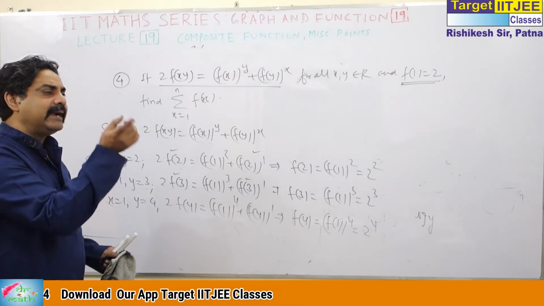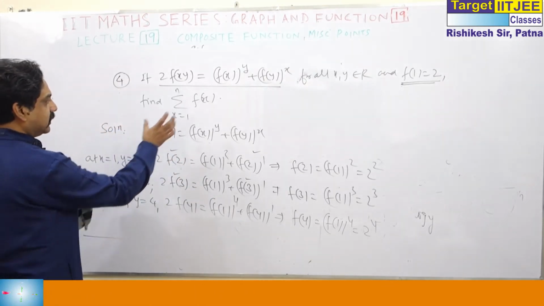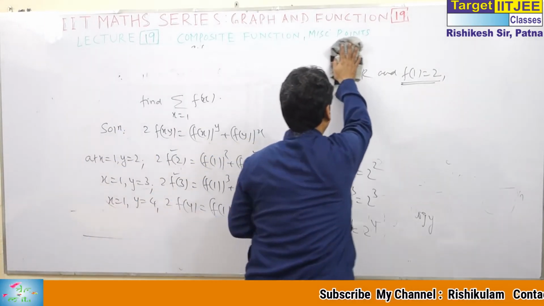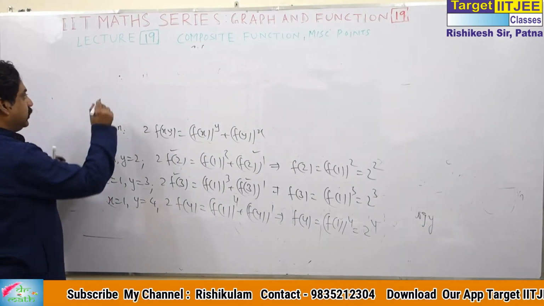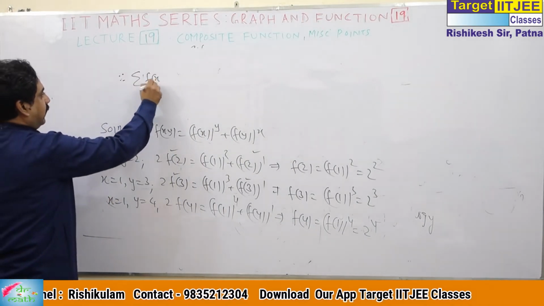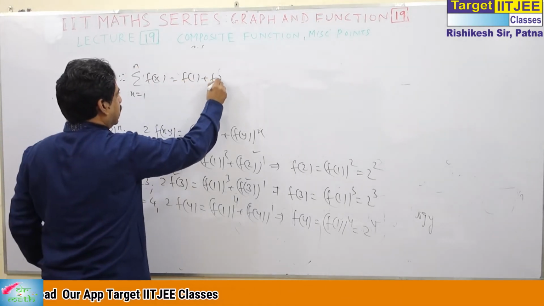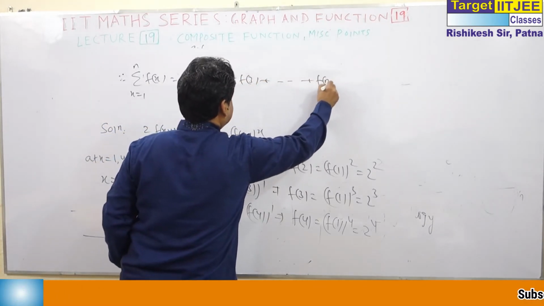What I have written is the basic one that I also use, but not now. I am just dealing with a summation. So what is the summation? Sigma f(x), x is equal to 1 to n, is f1 plus f2 plus f3 up to fn.